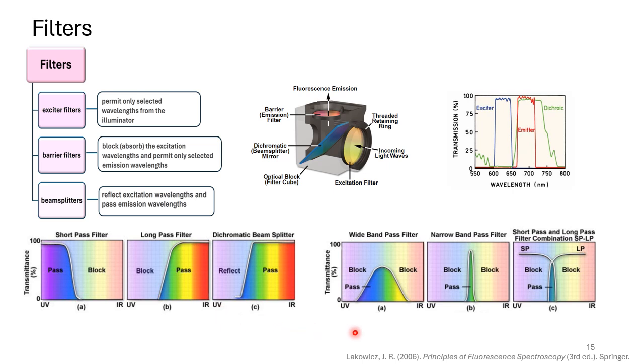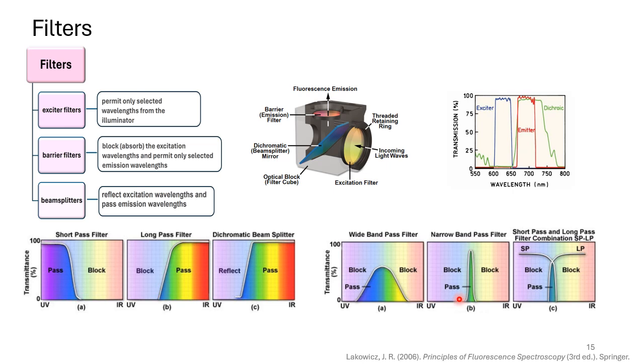Now, a bandpass filter is a filter with a wavelength cutoff both to the left and the right of its curve. So we can see from here, this is the wide bandpass filter. It cuts some of the shorter wavelength and some of the longer wavelength, and then it allows this range of wavelength to pass through it.